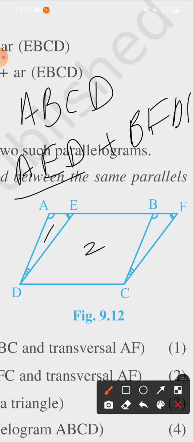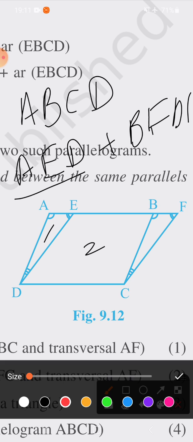As we proved that triangle AED is congruent to triangle BFC, their areas will also be equal, so I can replace the area of triangle AED with the area of triangle BFC.